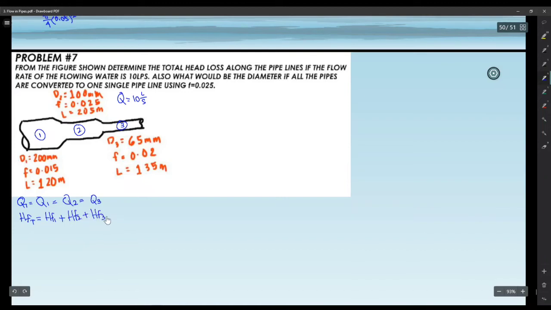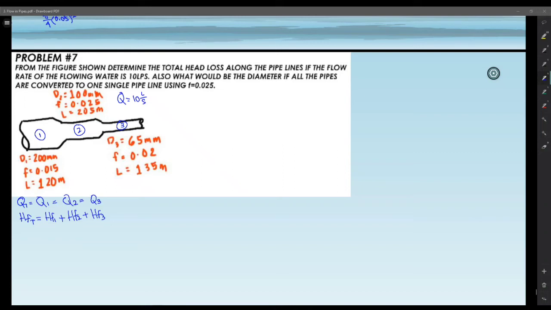So, these are the working equations we will use. Okay? Since the given factor is the friction factor, the formula we will use is Darcy-Weisbach.